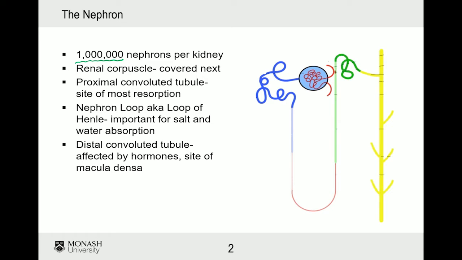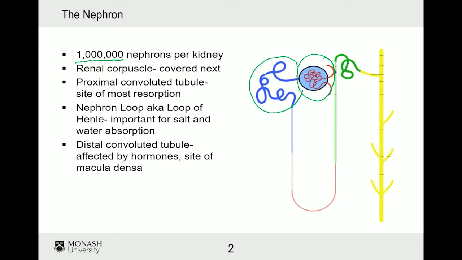The nephron is made up of the renal corpuscle here, which we'll go through next. But now we'll have a look at the proximal convoluted tubule. Now proximal means nearest to. You'll remember that in limbs we talked about proximal being closest to the trunk. In the nephron, proximal means closest to the renal corpuscle.